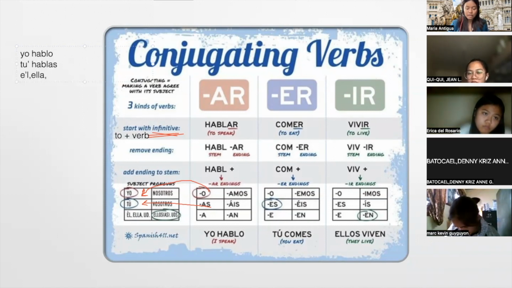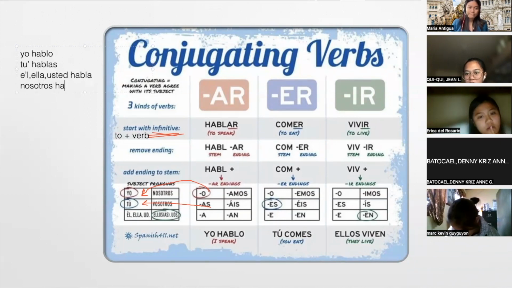Habla. Usted, habla. Good. Nosotros, hablamos.